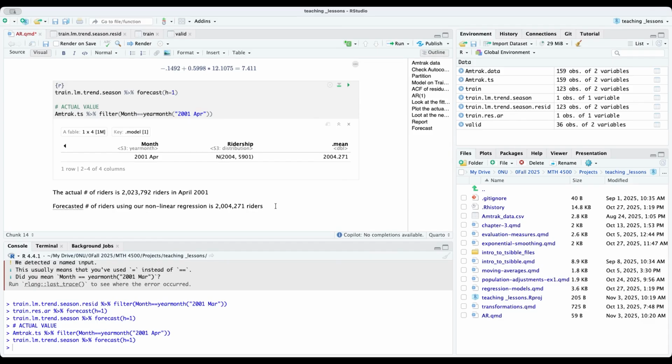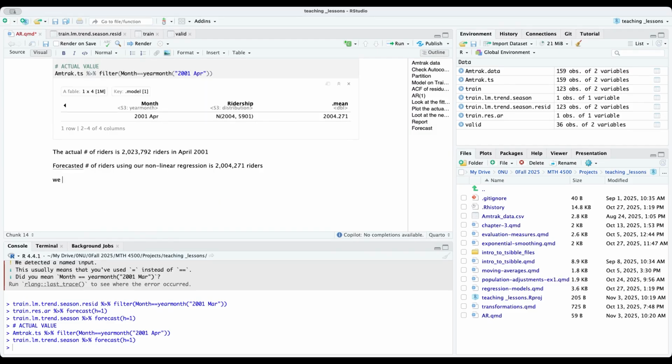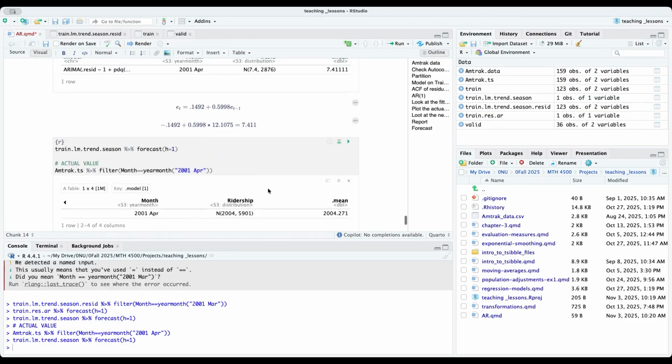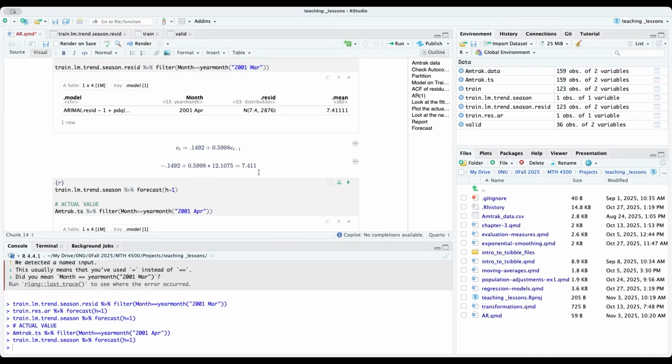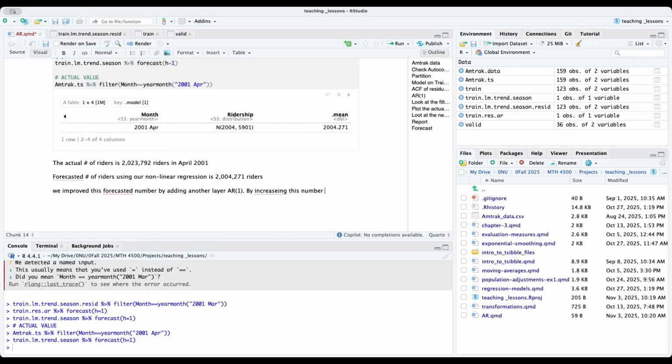So we can improve this forecasted number by adding another layer, which is AR1, by increasing this number by what we got here, 7,411 riders.